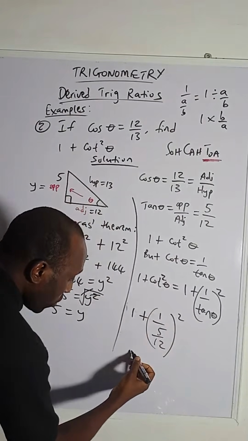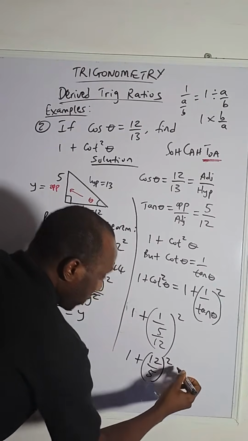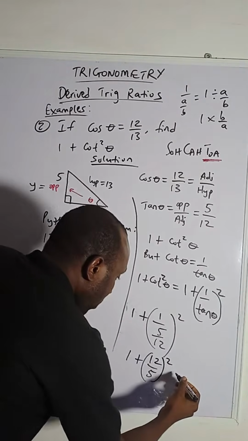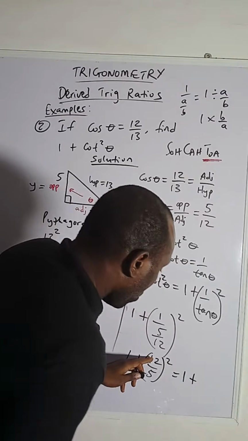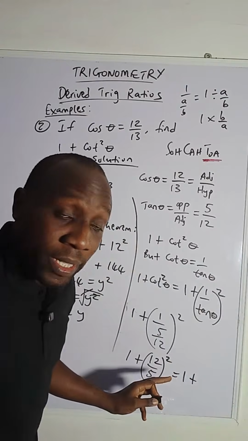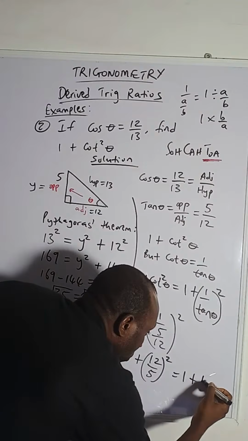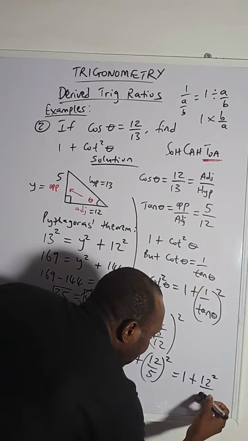So I write 1 plus 12 over 5, all squared. The square is distributed to 12 and to 5, so this can be rewritten as 12 squared over 5 squared.